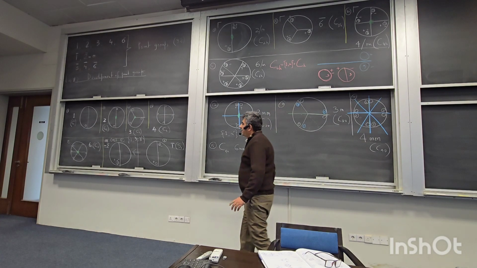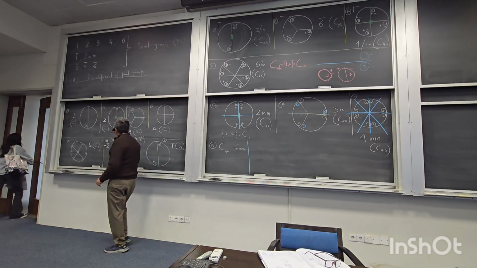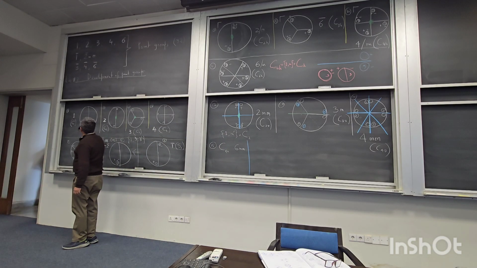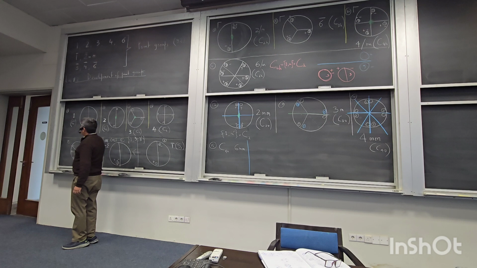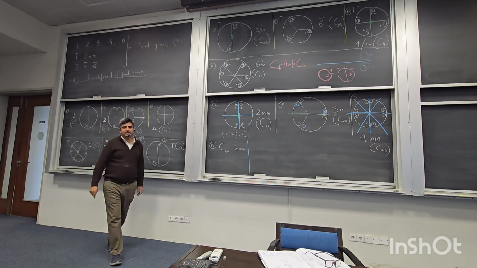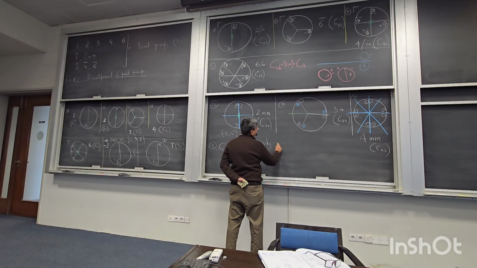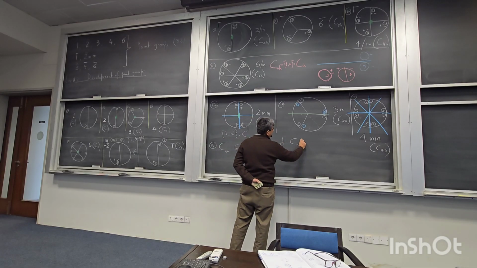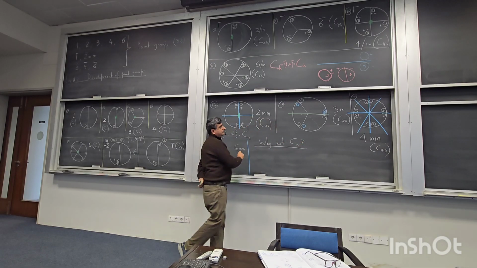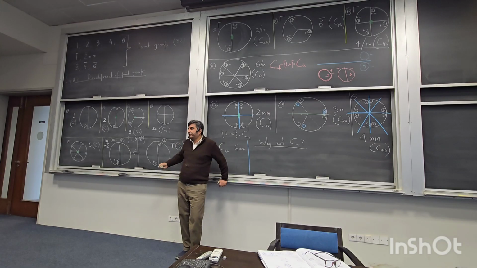Why don't we put a vertical mirror plane onto this group? Why can I do that? Why don't we have C1V? I didn't have C1V.